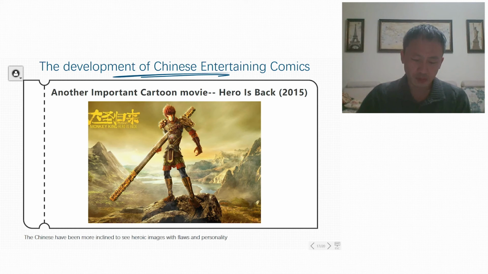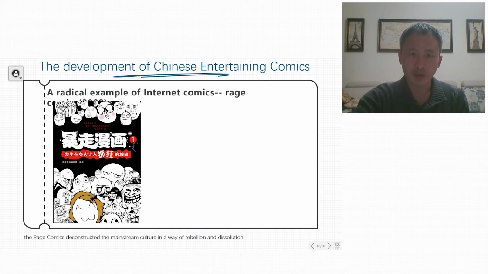A typical example is the Ridge comics. Introduced into China in 2008, Ridge Comics is a new type of open comics popular on the Internet.